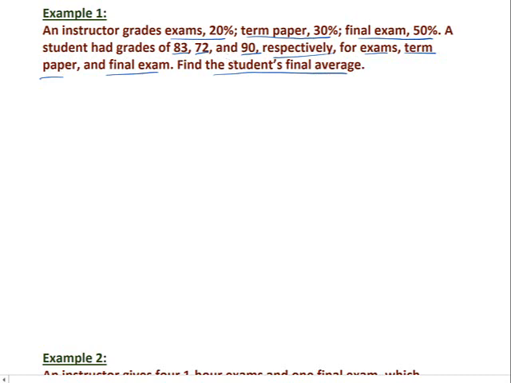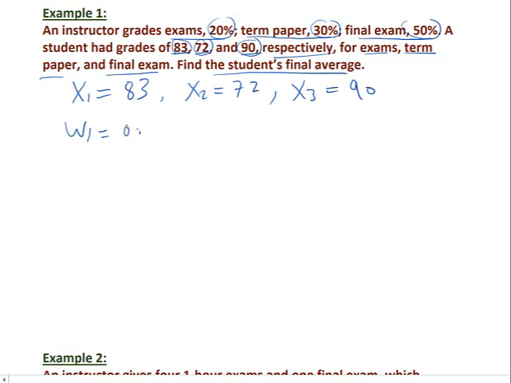This is not correct. So you need to consider the weight for each score. The 83 has weight 20%, 72 has weight 30%, and 90 has weight 50%. So let's say x1 equals 83, x2 equals 72, x3 equals 90, and w1 equals 0.2, w2 equals 0.3, and w3 equals 0.5.